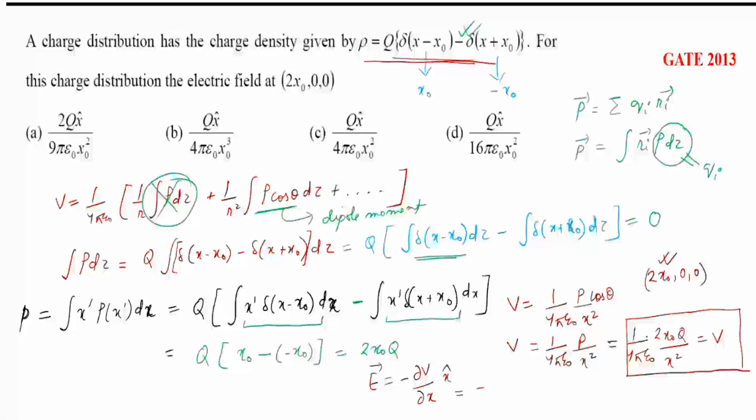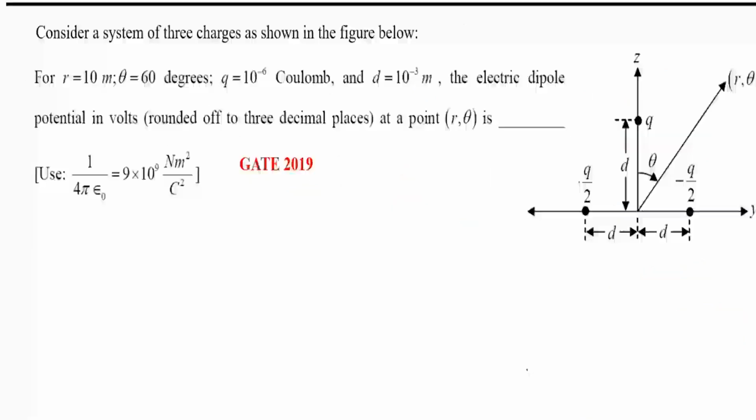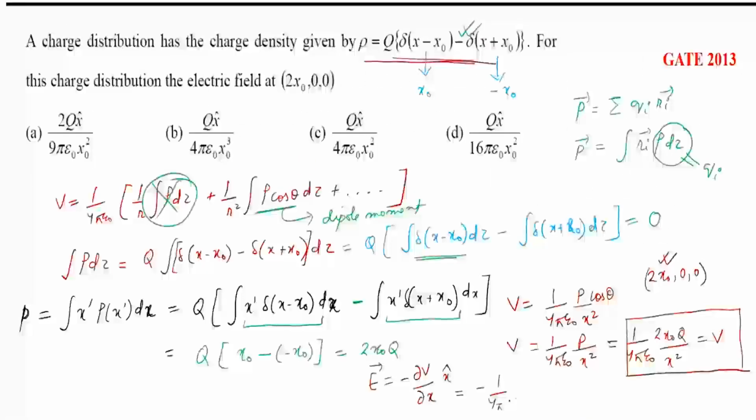Minus 1 by 4 pi epsilon naught, 2x naught q by x cube, x cap.